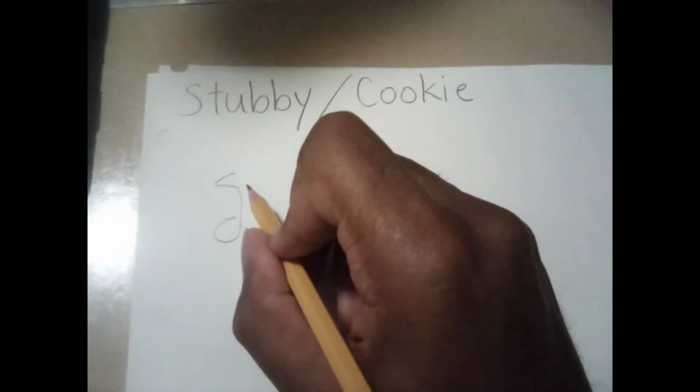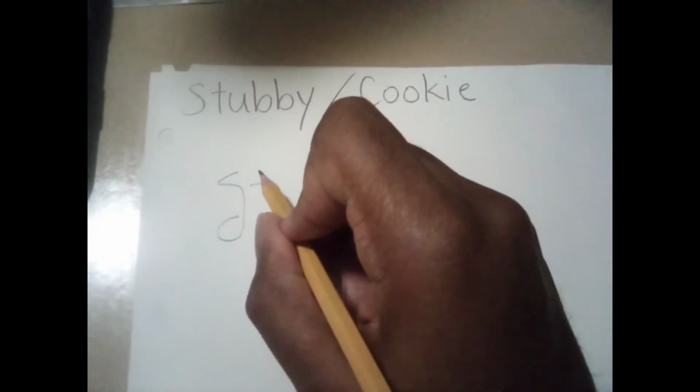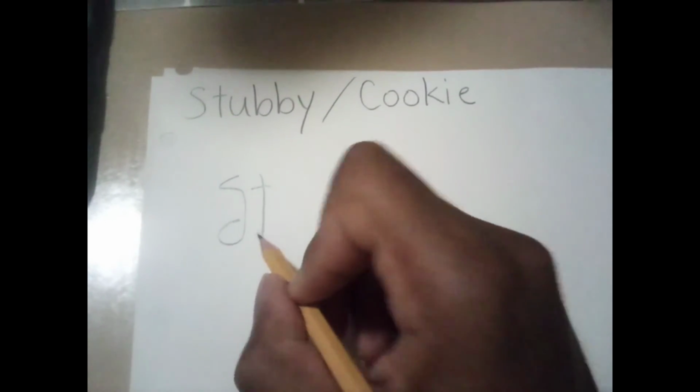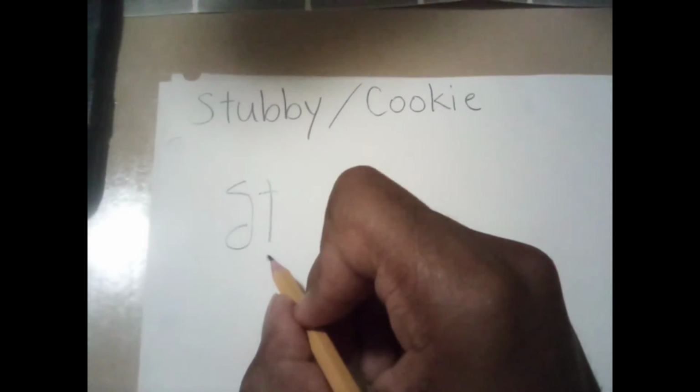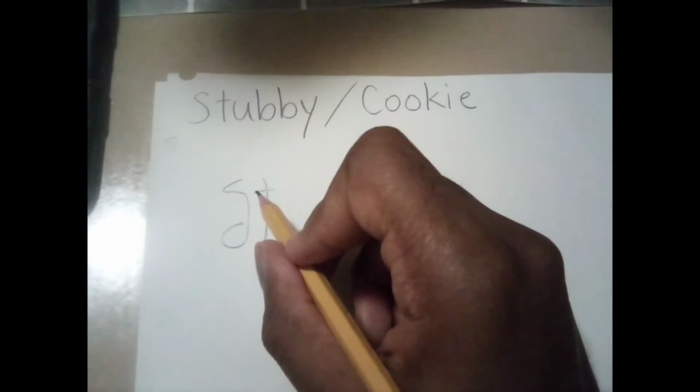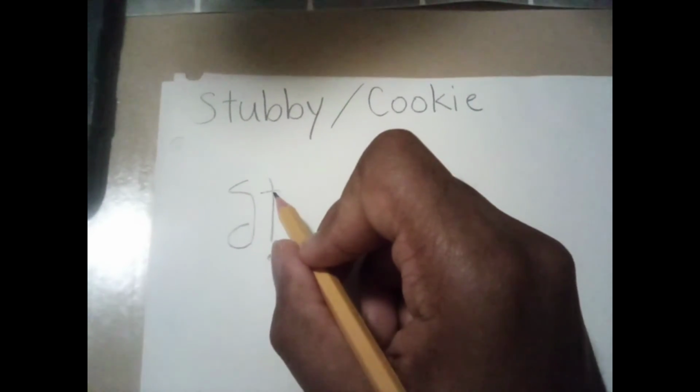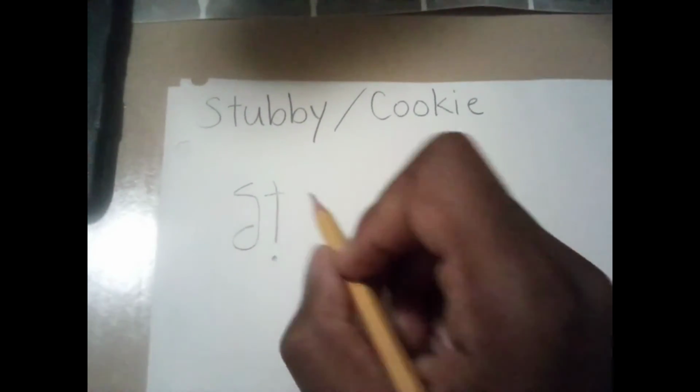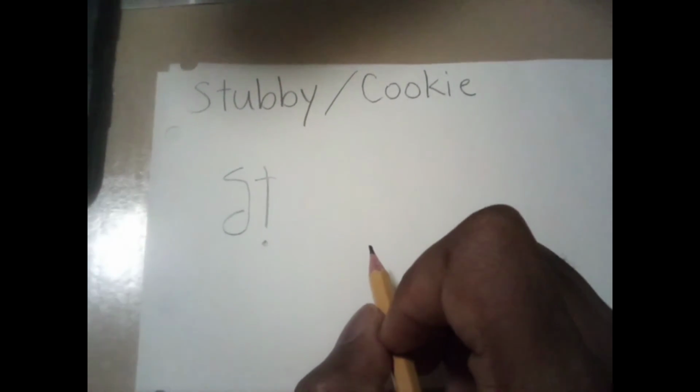Next, it's a T to I. Very natural. Just cross it very high up so that there's more of an eye context.